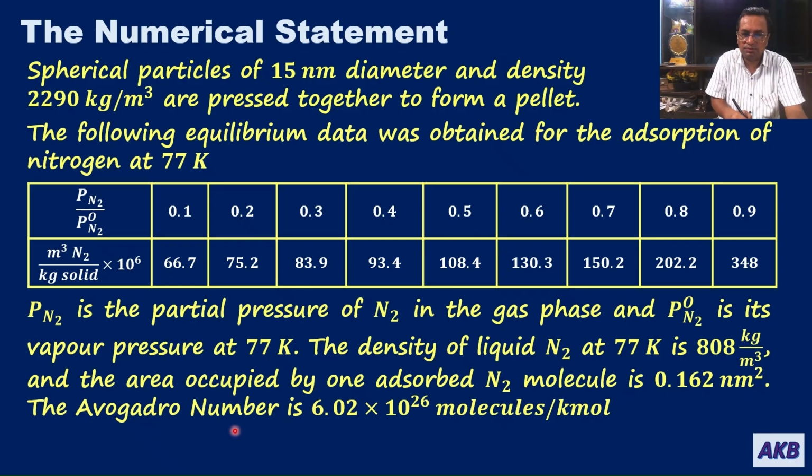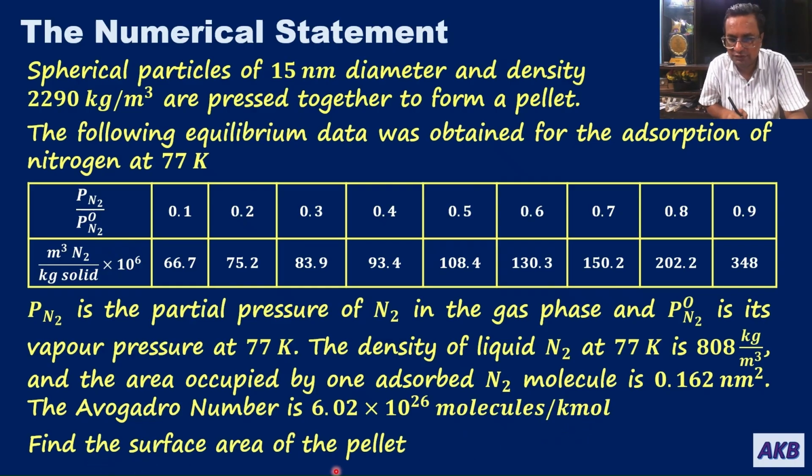The Avogadro number is 6.02 into 10 to the power 26 molecules per kilomole. So with this data, we are supposed to find out the surface area of the pellet by using Langmuir adsorption isotherm. So what is given to us?